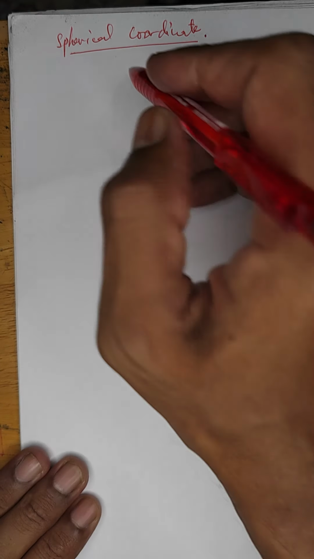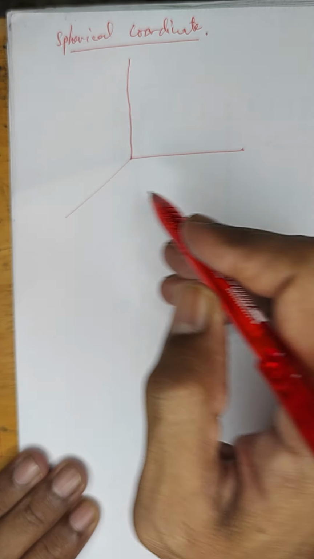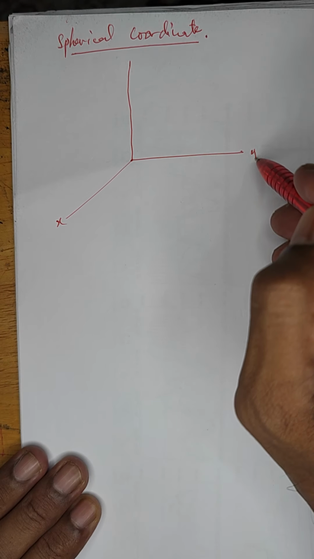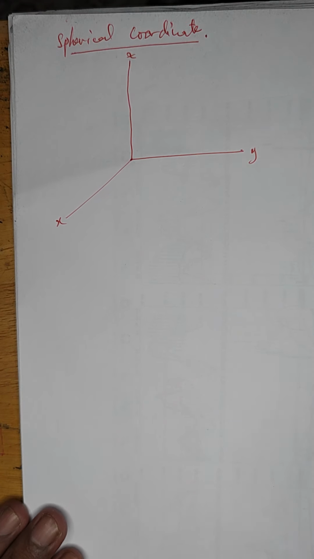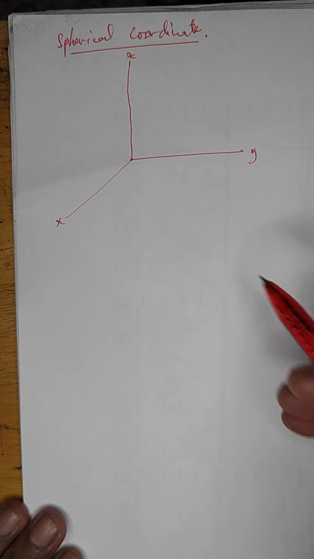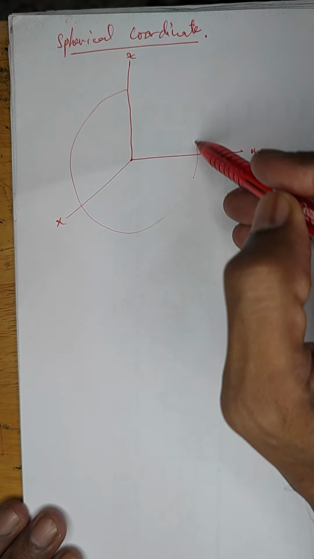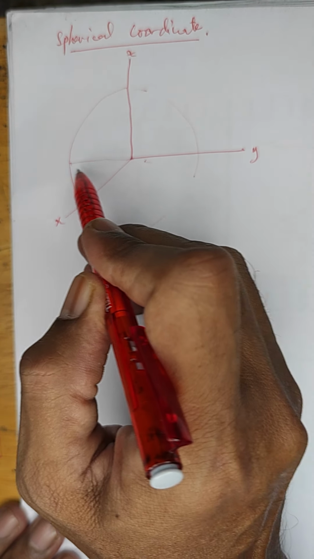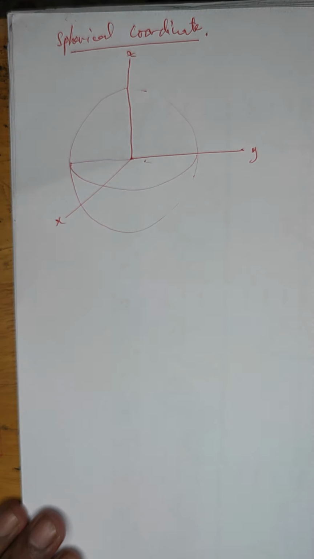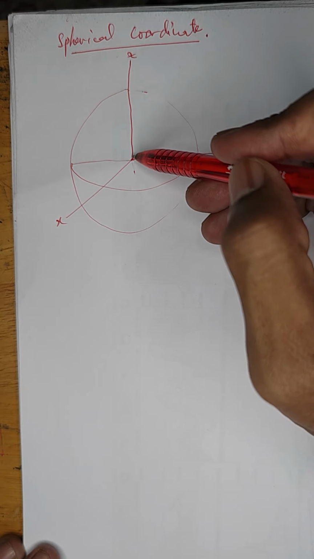Again, it's in 3 dimensions, a point x, y, z. What we can do in this case is assume that we are on a sphere. For example, how to sketch a sphere.